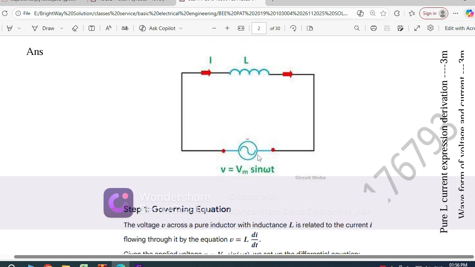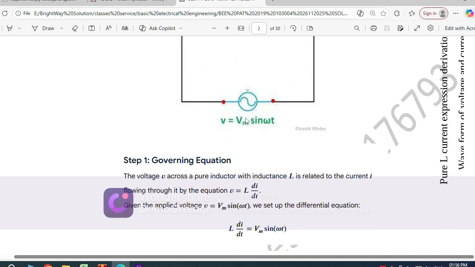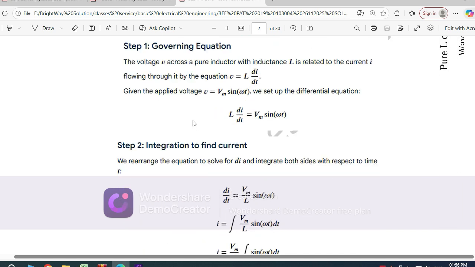The supply is an alternating voltage supply, sinusoidal in nature, Vm sin omega t, and a pure inductor is connected across this supply. So the governing equation is formed here: the voltage across the pure inductor is related to the current, v equals L into di by dt.